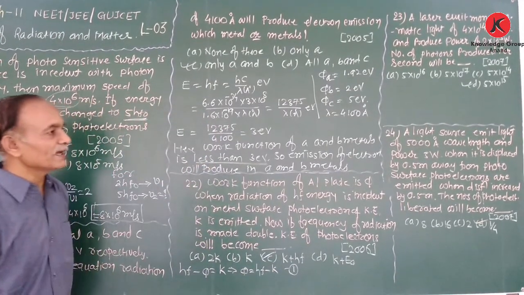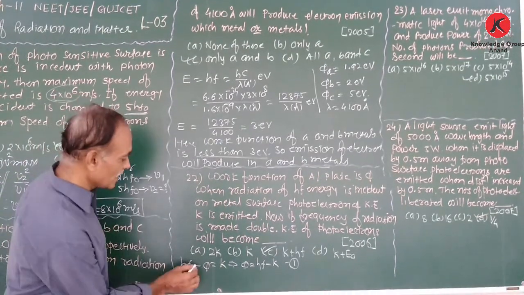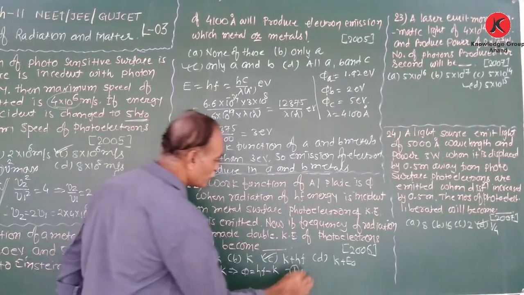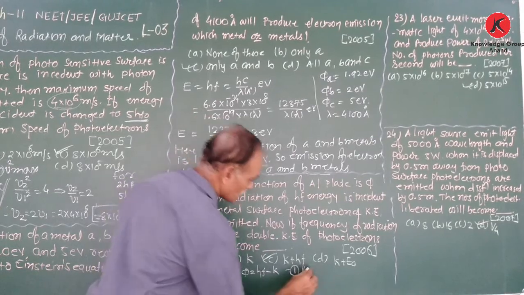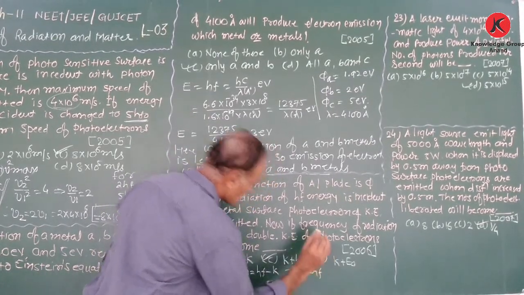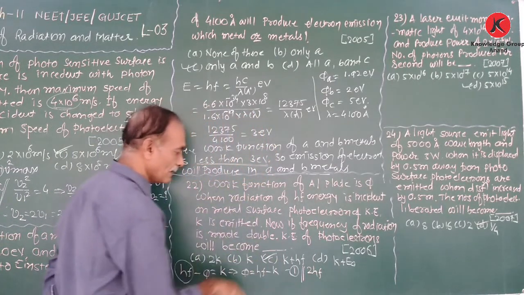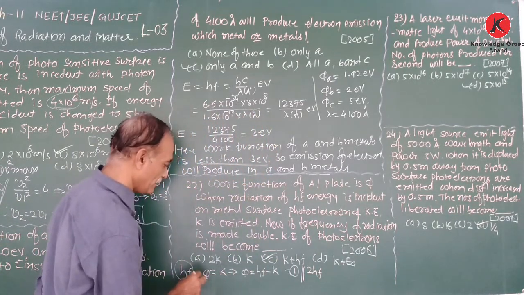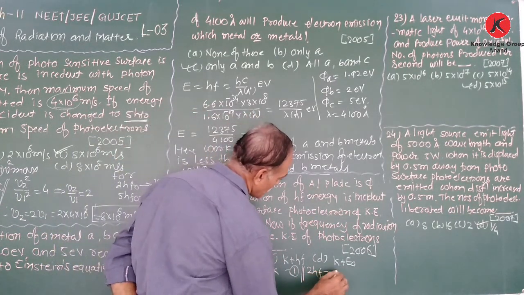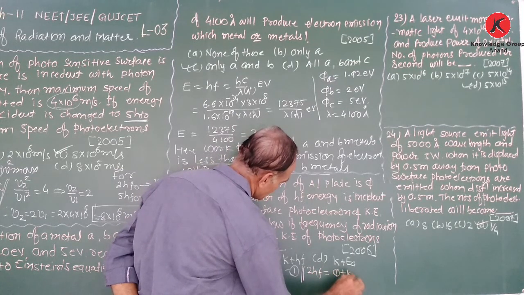The energy becomes double. Therefore, instead of hf, we take 2hf energy, and the kinetic energy produced is K dash. Therefore, 2hf is equal to phi plus K dash.